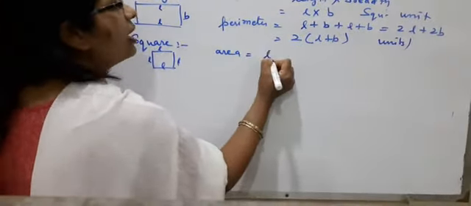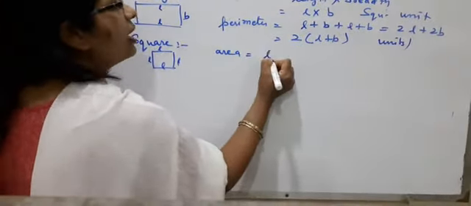Now we start exercise 11.1, question number 1. A square and a rectangular field with a measurement as given in the figure have the same perimeter. Which field has larger area?